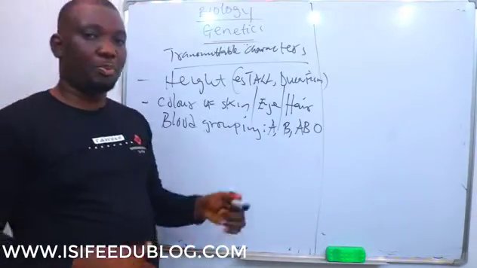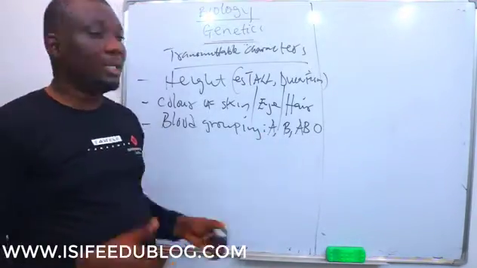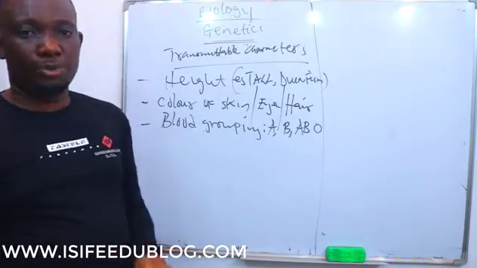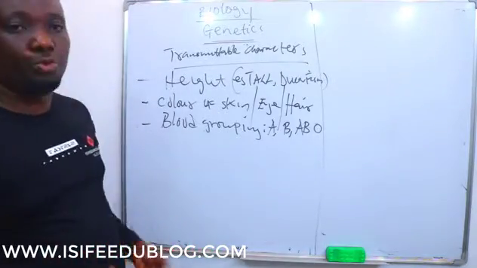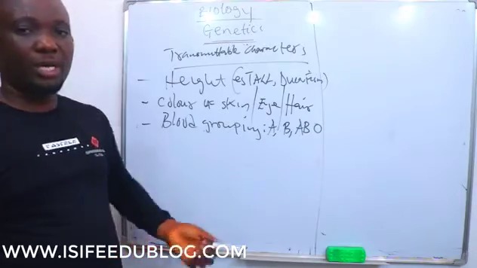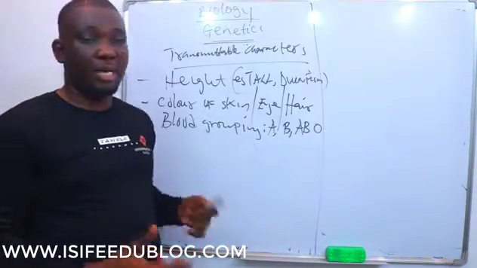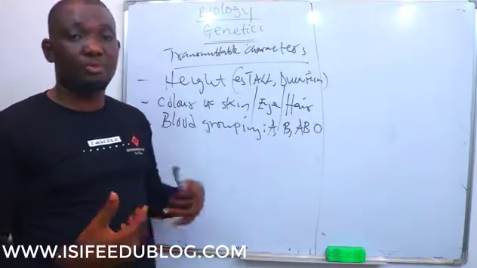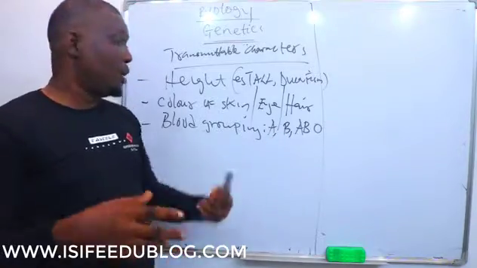That means in the presence of a dominant character, they are masked, they are oppressed, they are not allowed to be expressed. That's why they are recessive. Any other blood groups here are dominant. A is dominant, B is dominant, AB is codominant, O is recessive.